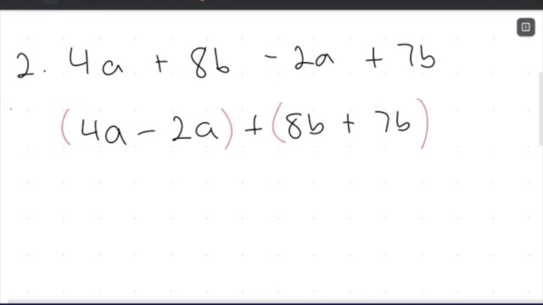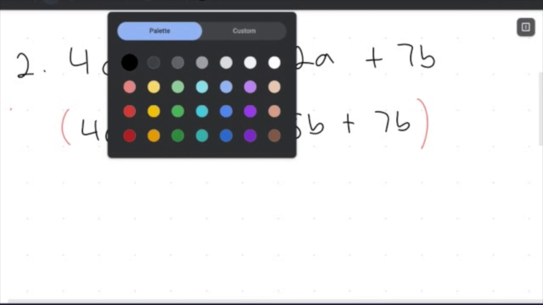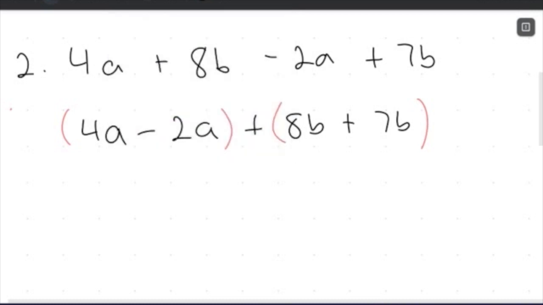So you can just see that we compute these one by one because we are dealing here with the a terms, we are dealing here with the b terms. But once again, we just end up subtracting 2 from 4, subtracting these coefficients, giving us 2a. And in this case, we have two positive ones, 8 and 7. So we are going to add these to give us 15b.